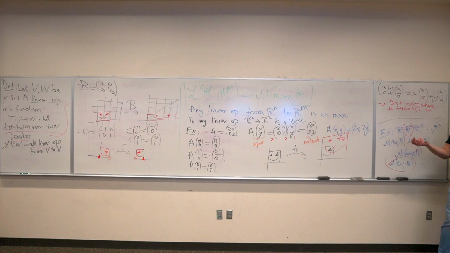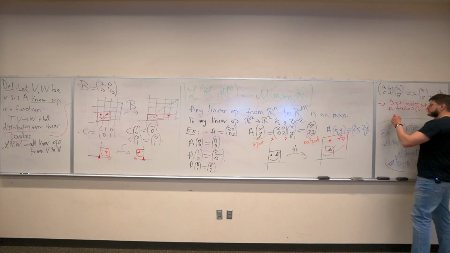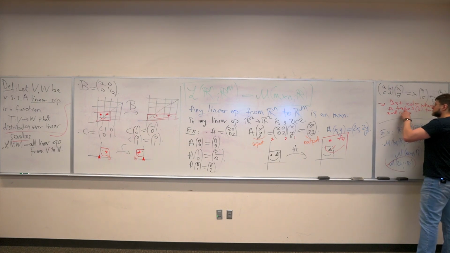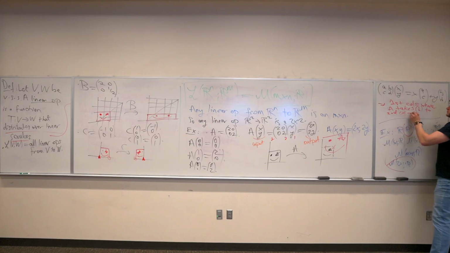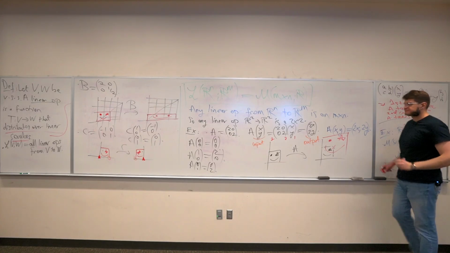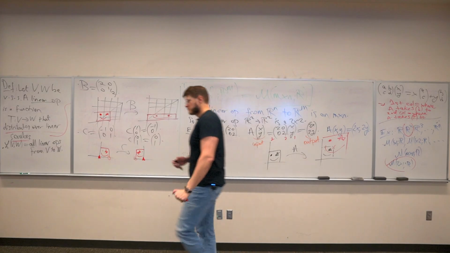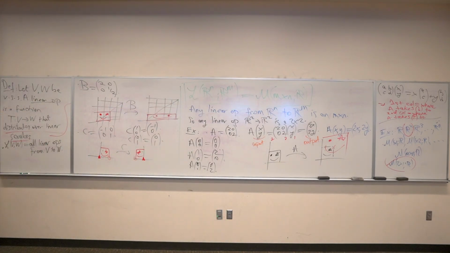Second column, where A takes 0, 1 to. Very good. Does this kind of make sense? So everything sort of slowly, I hope, starts matching.